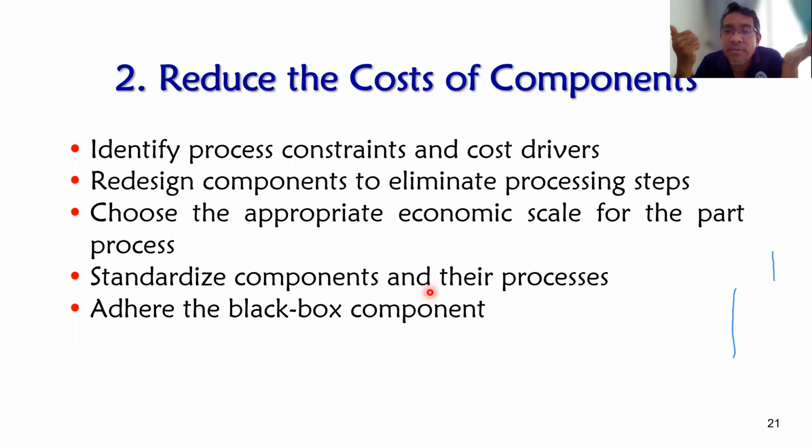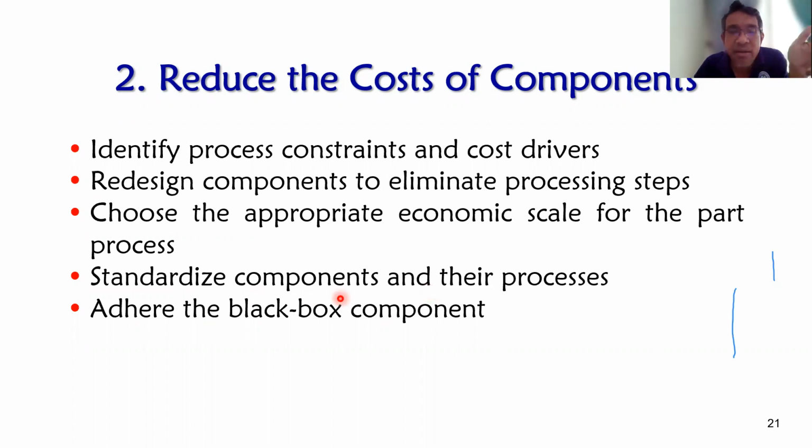Given the expected production volume just now, with high volume, the benefit of sustainability, higher component volume can be achieved through the use of standard components as well in their process.